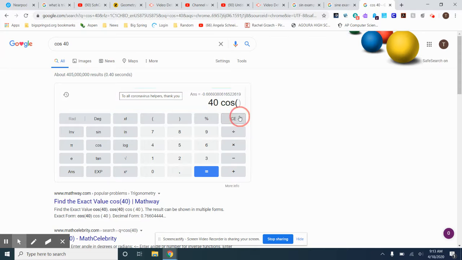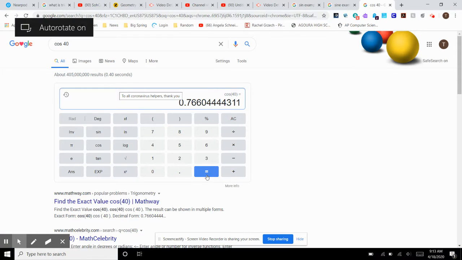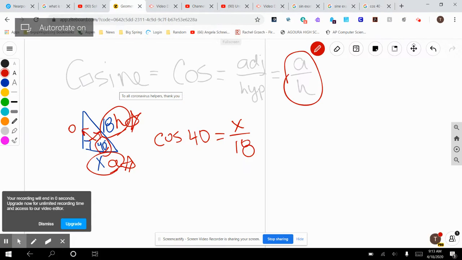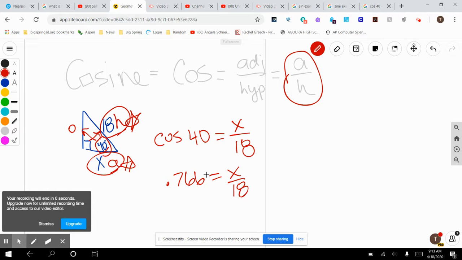Oops, apparently I don't know what I'm doing. So let's try again. Let's clear everything. So I'm in degrees. Cosine 40 equals 0.766 because I'm going to round to 3 decimals. So 0.766. So I go back here. This equals 0.766. So I write that.